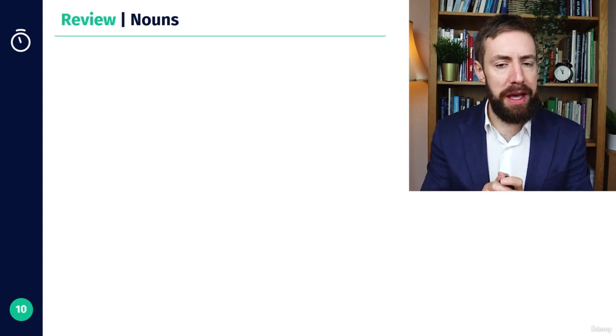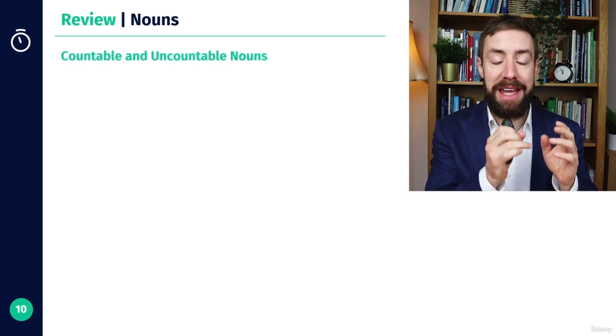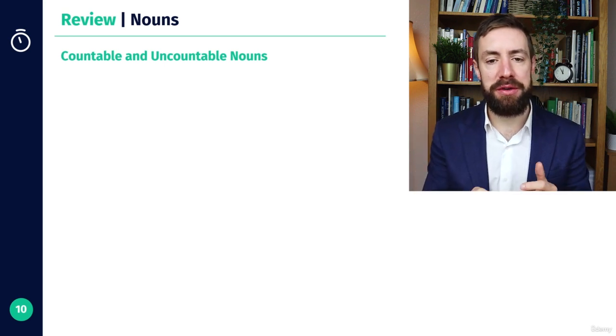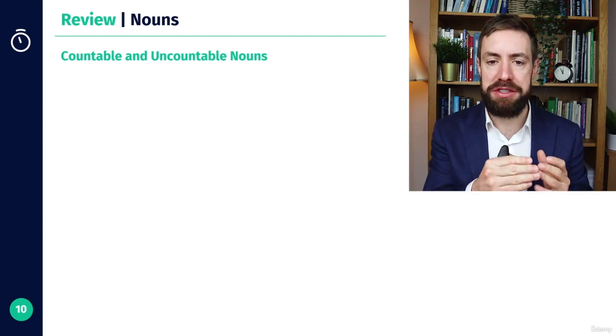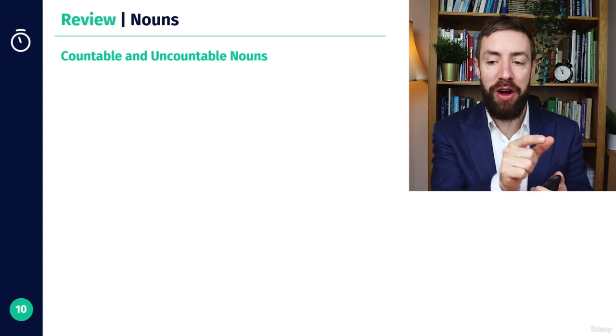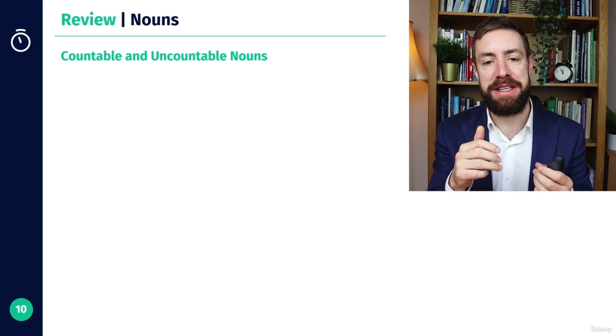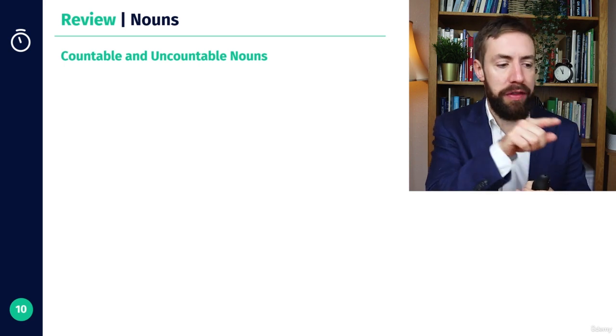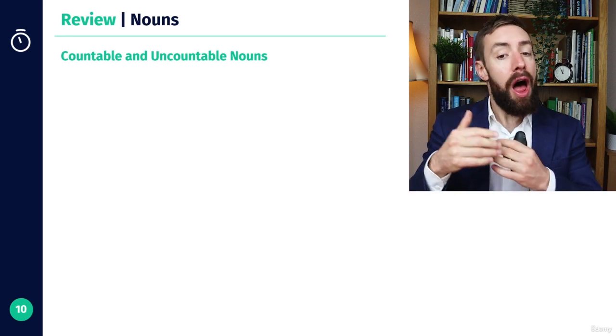And let's think about the grammar now of countable and uncountable nouns. So remember, countable nouns are the ones where you can say, okay, there's one of that thing, and there's 1, 2, 3. For example, a dog. You can say, okay, there is one dog, oh, look, there are 2 dogs.